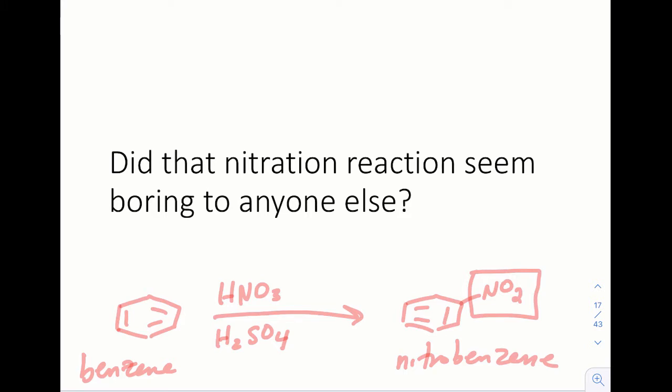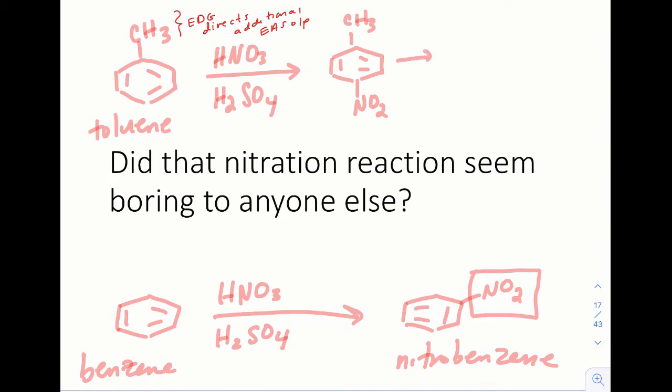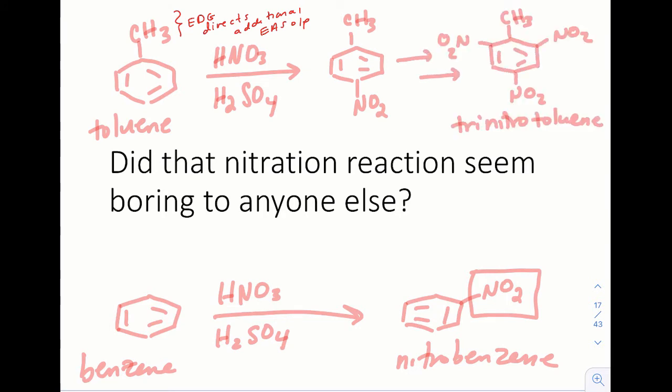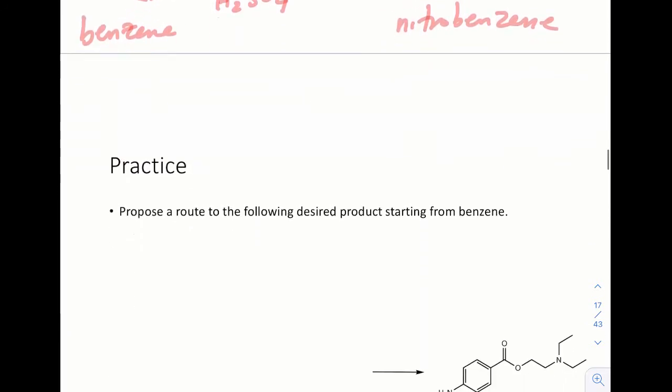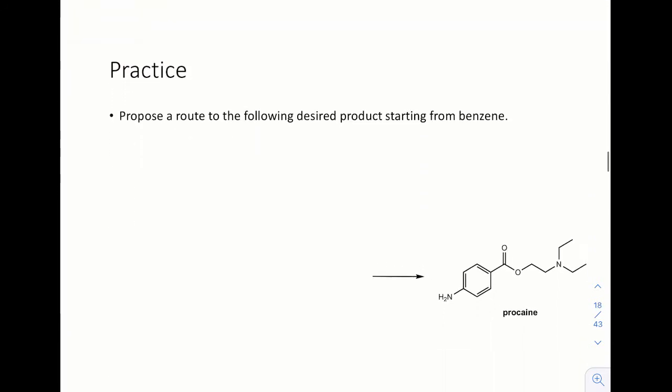So I agree this may have seemed boring, unless of course instead of nitrating benzene, toluene was nitrated and nitrated to generate trinitrotoluene. Still boring? This is TNT. Okay, well, nitration is useful outside of the context of making explosives. So let's get serious and move on.